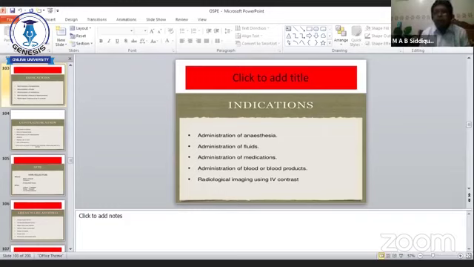The question may be like this: what are the indications of this appliance or instrument? The first is administration of anesthesia. Before any anesthesia, even local anesthesia, the IV cannula should be used, because there are some adverse effects in local anesthesia that require urgent administration of drugs.